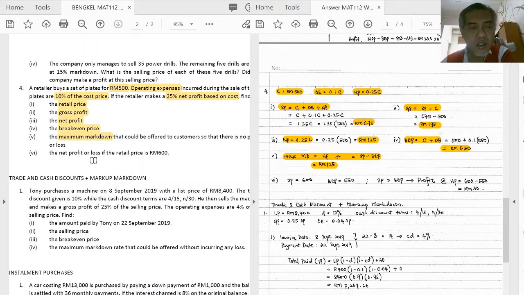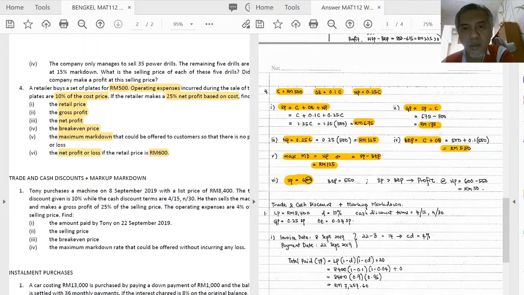And then the last one: is there any profit or loss? The net profit or loss if it is retailed at 600 ringgit. In this case, you can do it by comparing the selling price with the break-even price.